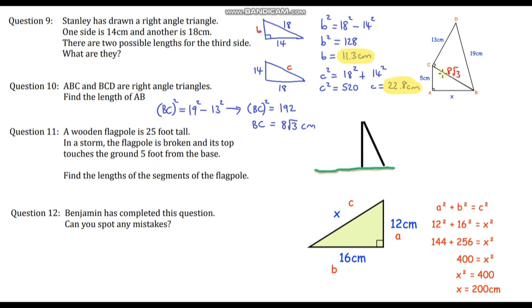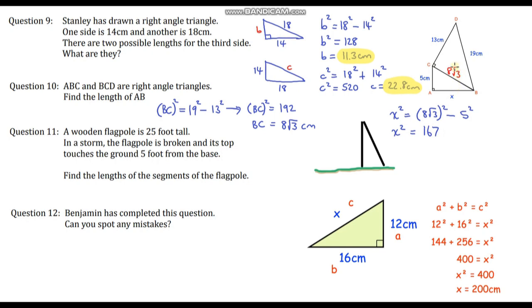So we've got the hypotenuse, we've got one of the shorter side lengths, so let's calculate the other side length. So X squared is going to be equal to 8 root 3 squared, so I'm just going to put that in brackets, 8 root 3, all of that squared, minus 5 squared. So X squared is going to be equal to, let me put that into the calculator, 8 root 3 squared minus 5 squared, and that gives me 167.